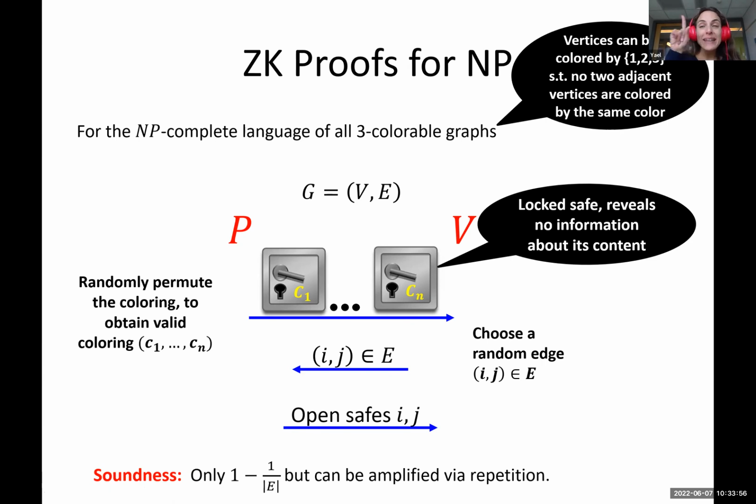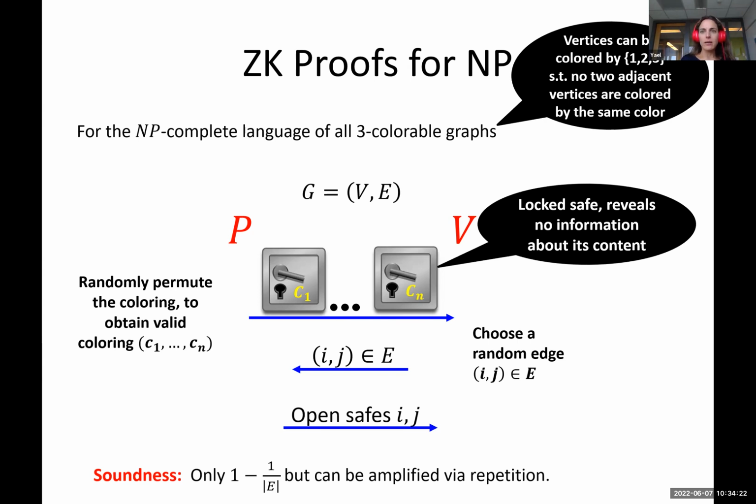I know there must be at least one edge that is not legally colored. But perhaps there's only one edge, and then I will be caught with very little probability, or I will succeed with very high probability, 1 minus 1 over E. So it's like, oh, that seems like a very sucky proof.